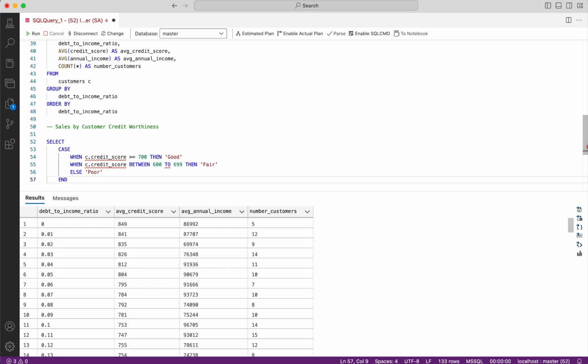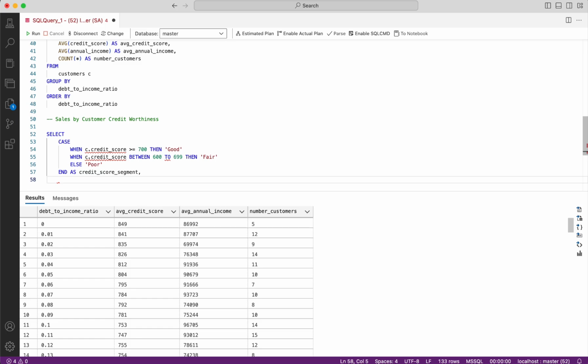Let's end. We're going to give it an alias as credit score segment. And we also want a count of the distinct customer ID. We're going to give that an alias of number of customers.